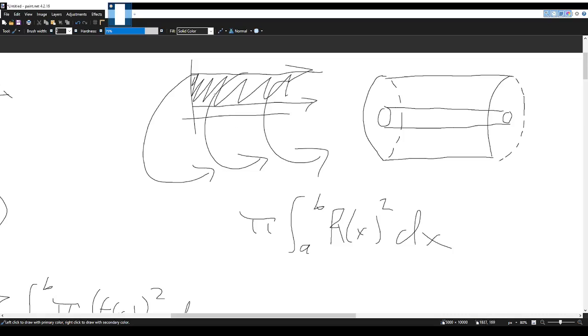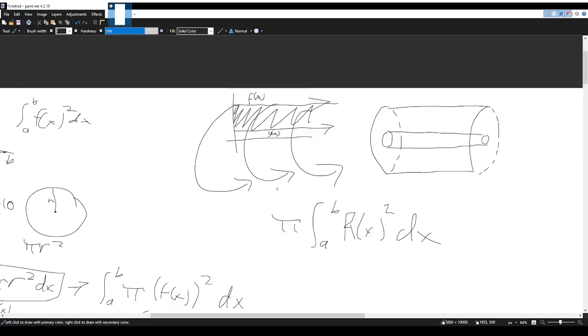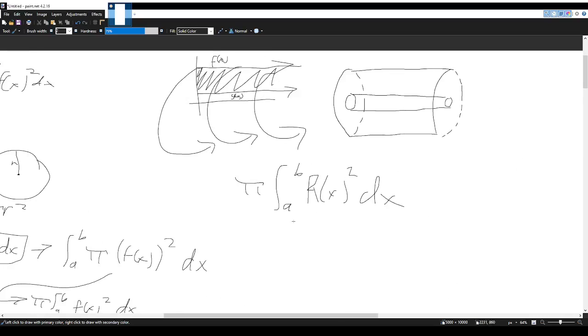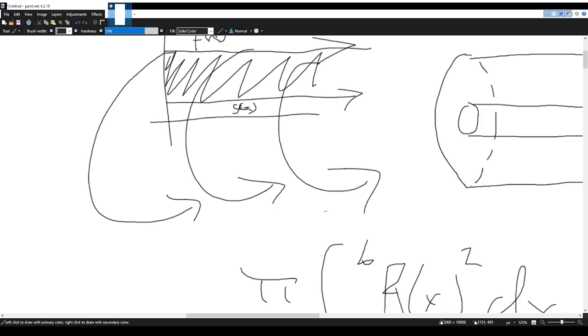So let's say you call this upper one f of x and the lower one g of x, right? So you might think, okay, maybe you keep the pi, right? But maybe you go, let's see, f of x minus g of x. That seems like it could work, right?